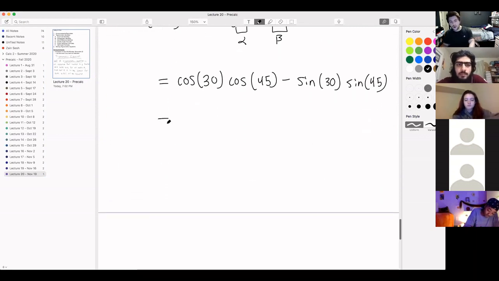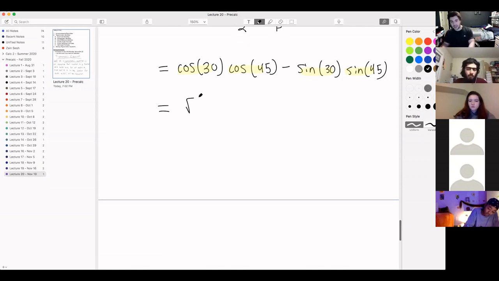Okay, and the whole point of writing 75 as 45 and 30 was because we have values for each of these guys. That was the whole point. So now you go to your trig table and you just fill out these values. That's root 3 over 2. The second one is root 2 over 2 minus that one's a half, and that's root 2 over 2.